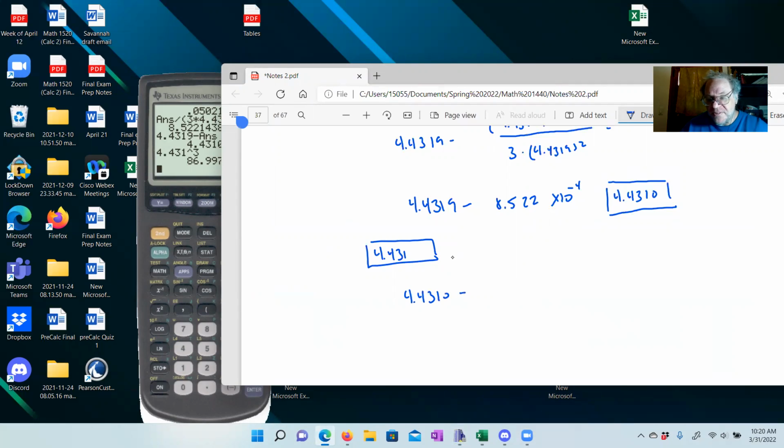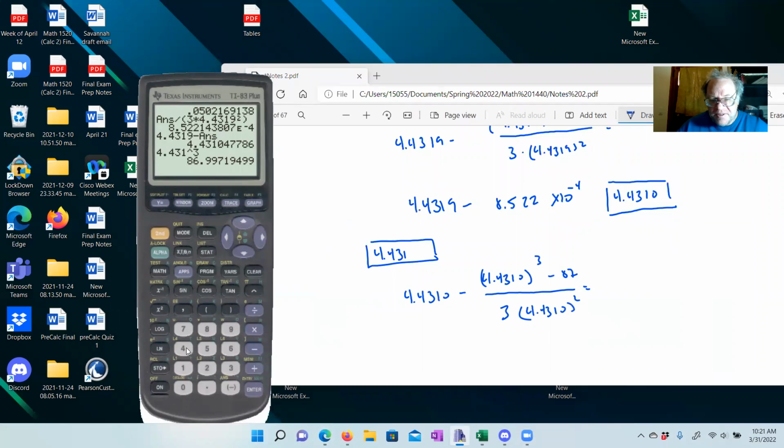Okay, so this is 4.4310 minus, okay, now we have 4.4310 cubed minus 87 divided by 3 times 4.4310 squared, right? So let's see here. We have 4.4310 cubed minus 87.